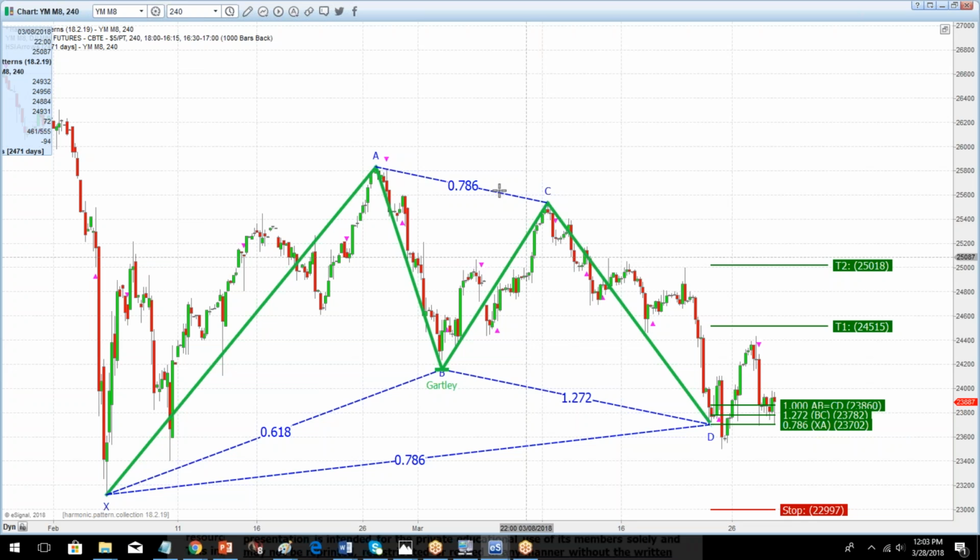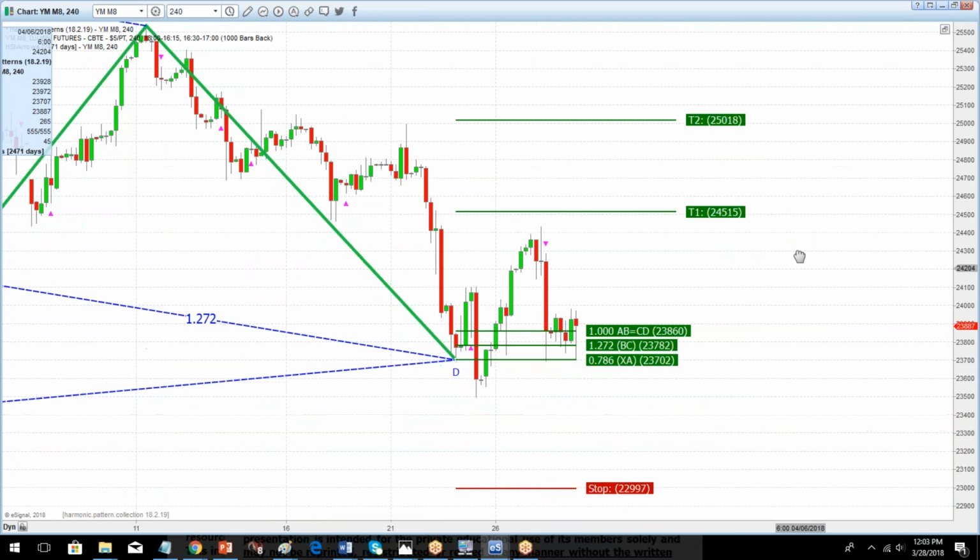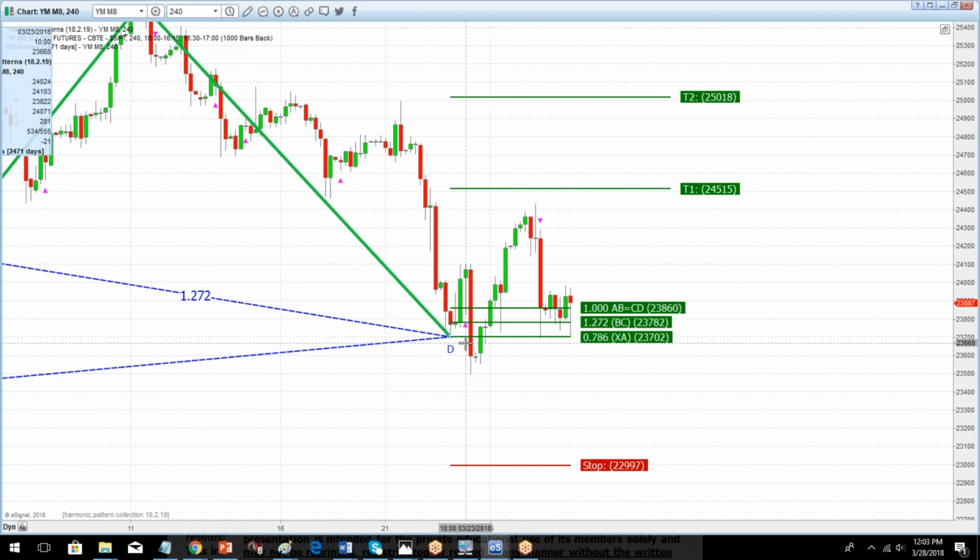So for Dow Mini right now on the 4-hour basis, we know that this entire zone, this pattern completion point, one, it's already completed. And that tells us that the zone right now and this area, especially that 786 retracement at 23,700, is critical make or break support.